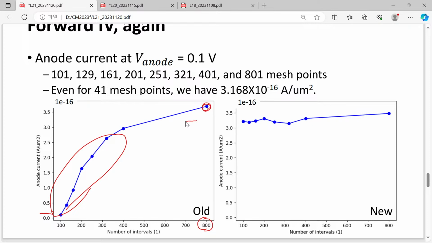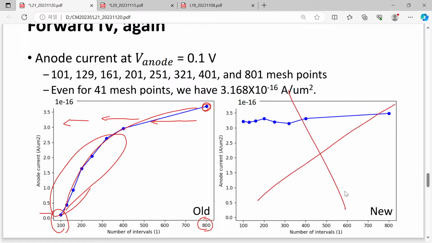But if you use a smaller number of points, then it drastically decreases, and with just 100 points your current density is almost diminishing. So if you don't have this new technique, and you just generate a numerical result for your forward I-V, can you believe your result?